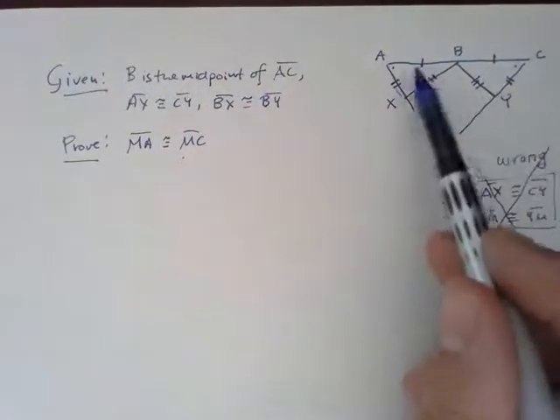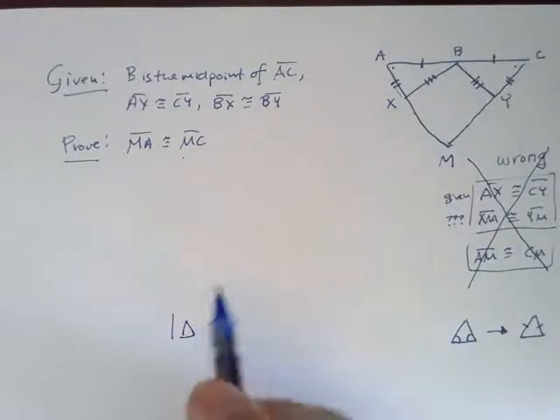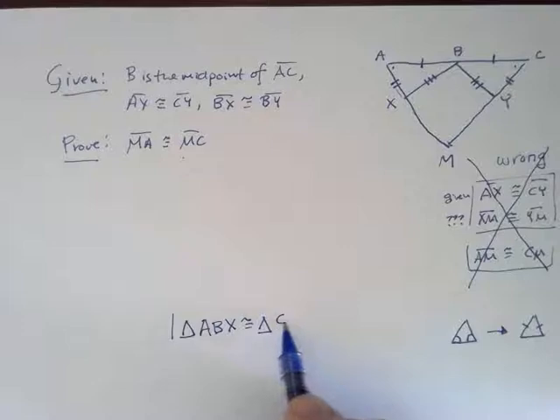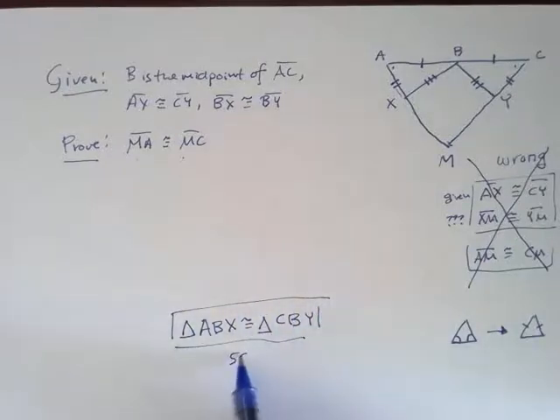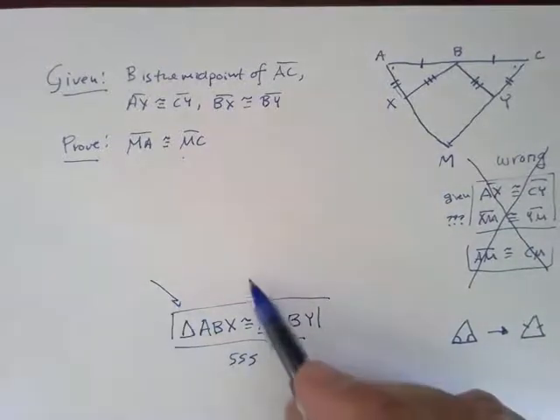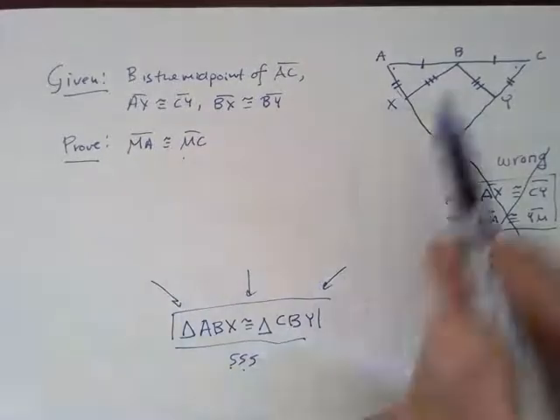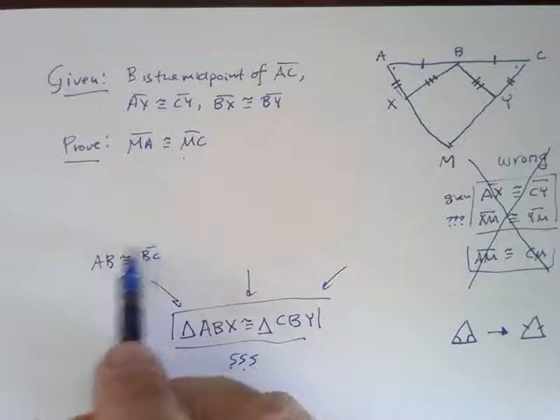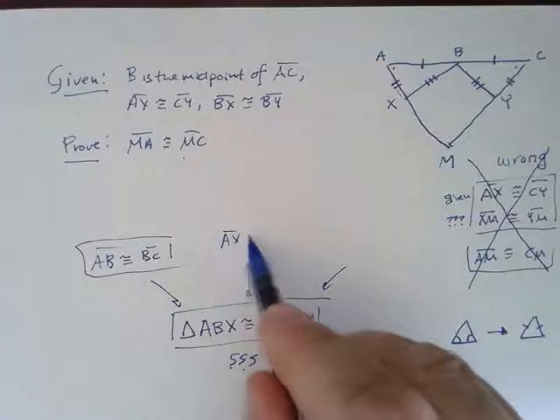First of all, we're going to have our SSS proof to prove that the triangles are congruent. I'm going to do triangle ABX is congruent to triangle CBY. That's going to be by SSS. And then I put above here my pairs of sides. This is just AB congruent to BC, and AX congruent to CY.